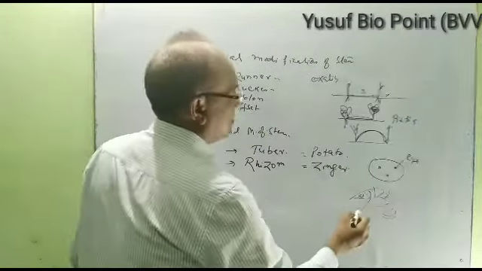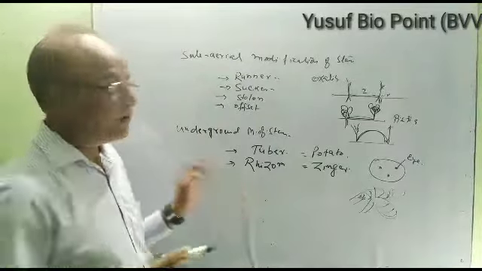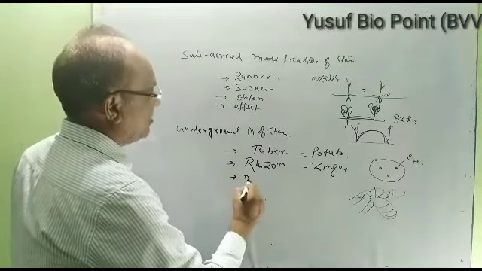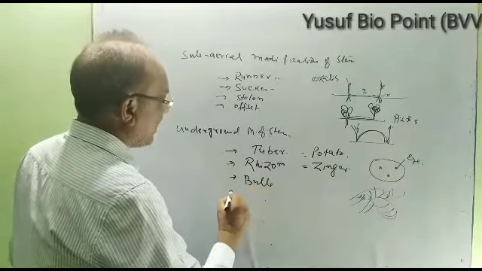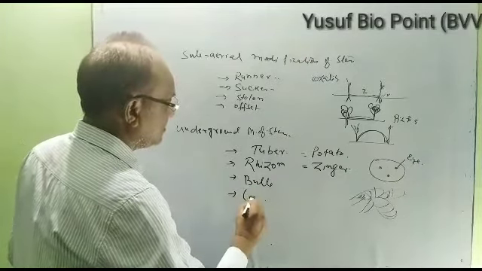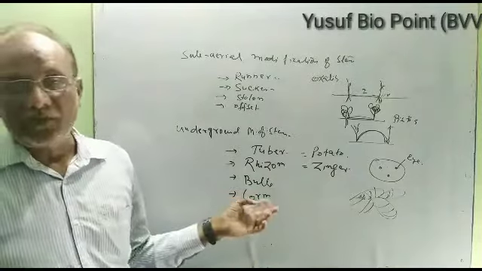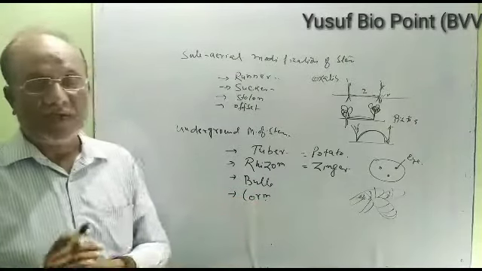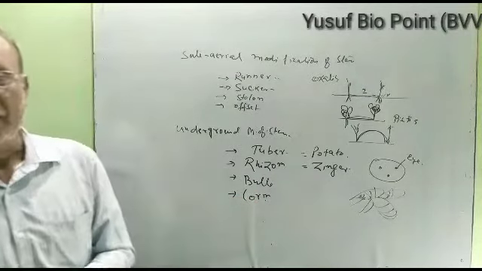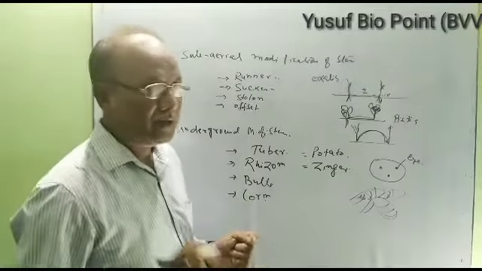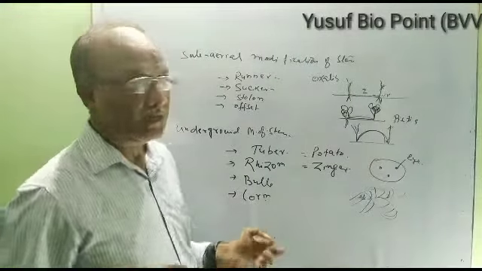There are nodes and internodes, and like that. So they are also examples. Besides, there is also bulb and corm. Bulb means onion, corm means amorphophallus. That is found in the ground. That is, जिसको हिंदी में जमीकंद कहते हैं.